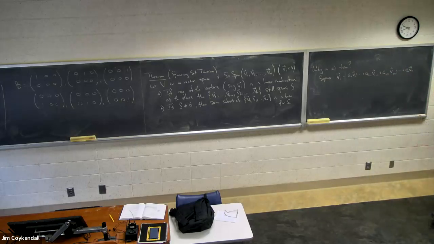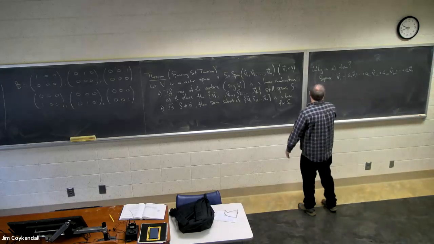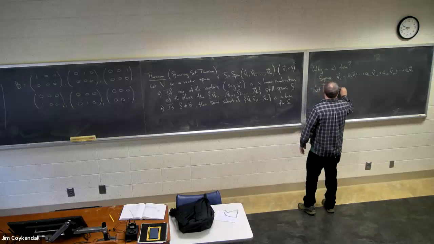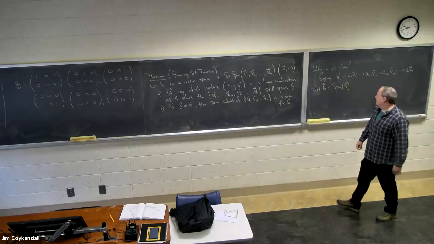Suppose that this guy can be written in some linear combination. And let b be in the span of S. Well, what does that mean?